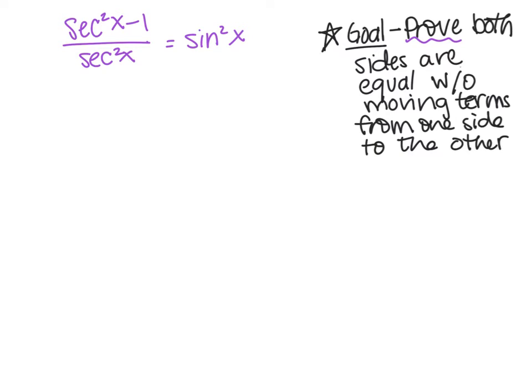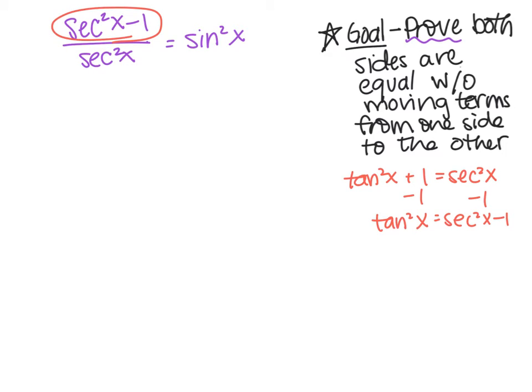So, the secant squared x minus 1 is the same one we used for simplifying before, where we know that tangent squared x plus 1 equals secant squared x. So, therefore, we know that tangent squared x equals secant squared x minus 1. So we can replace that whole secant squared x minus 1 with just tangent squared x.